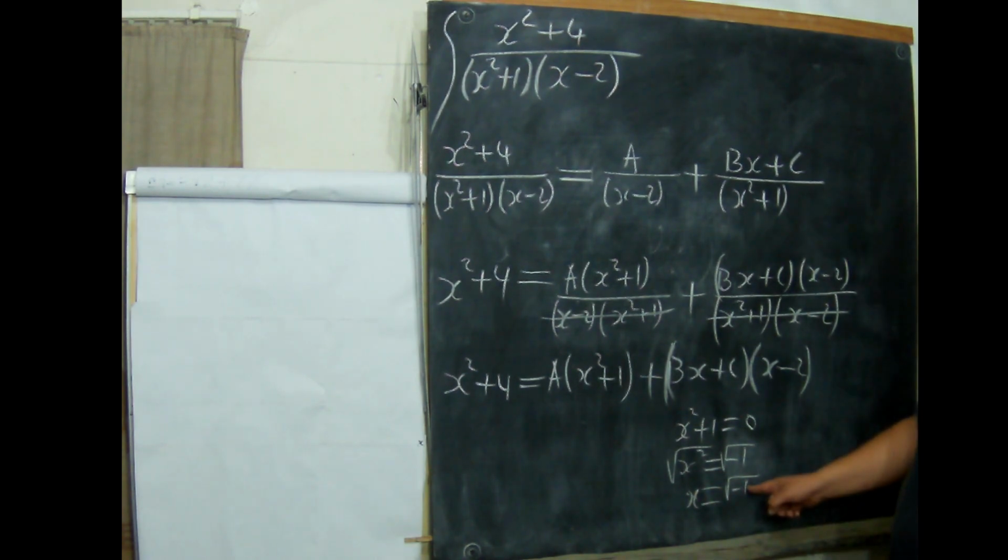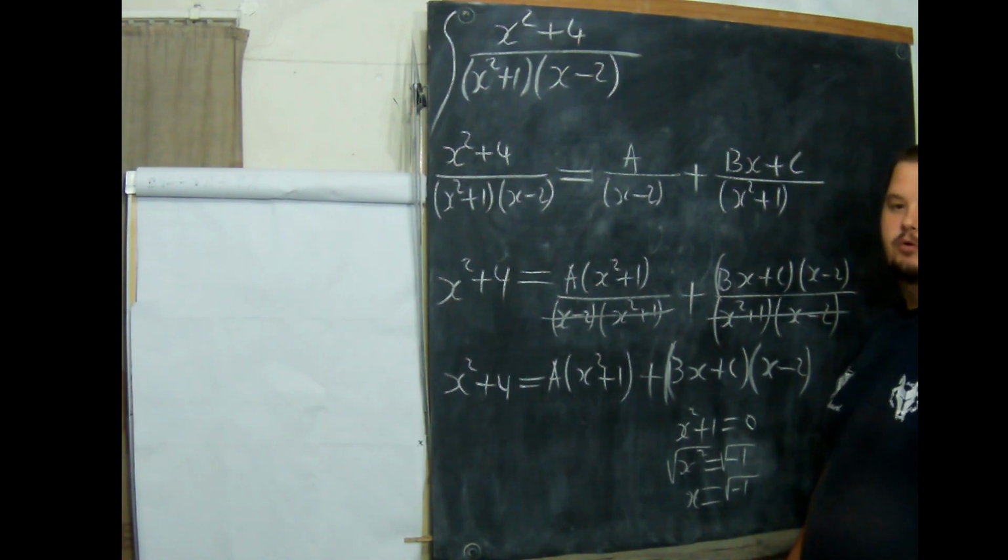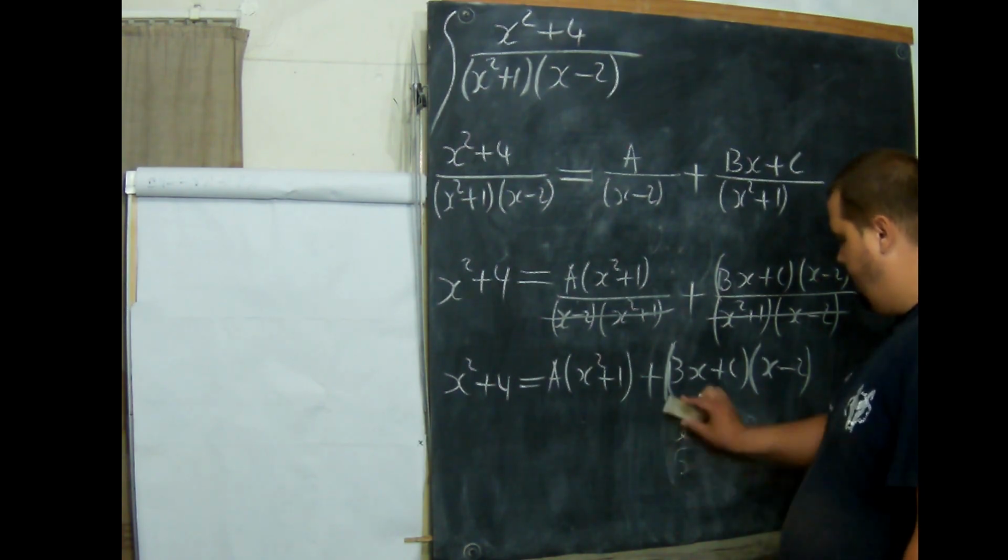That doesn't work. We're not dealing with imaginary numbers. This would be i, but unfortunately we are not dealing with imaginary numbers, so it doesn't exist for us at this point.